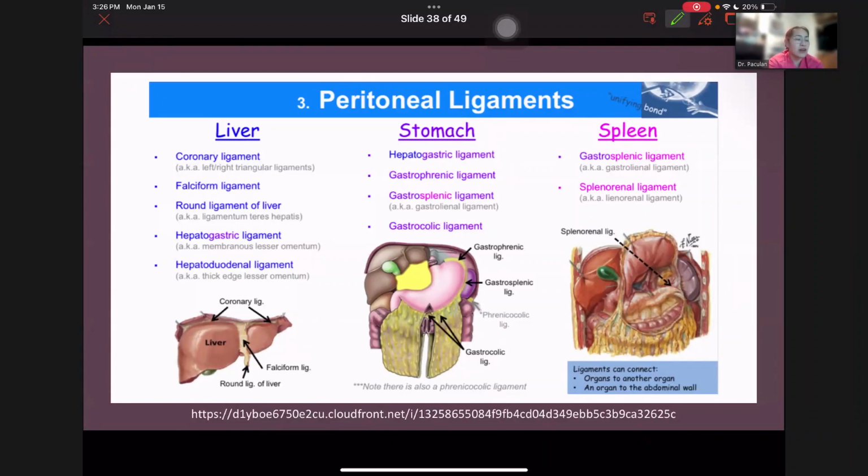For the stomach, you have your hepatogastric, gastrophrenic, stomach to the diaphragm, gastrosplenic to the spleen, and so on. And then your spleen, gastrosplenic and splenorenal ligaments. Okay, let's try to identify some ligaments in the succeeding slides.